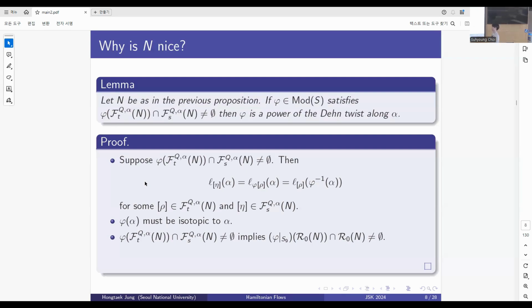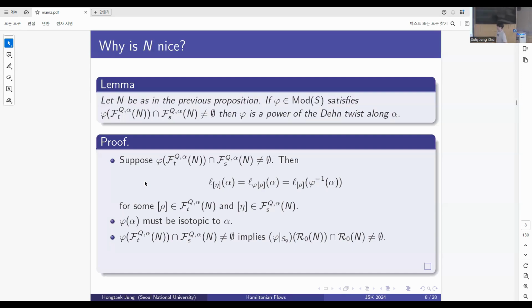And then you observe that this condition implies that phi preserves alpha. You can isotope phi so that it preserves alpha setwise. And then it acts on the subsurface that is obtained by removing alpha from S, that is S naught. So we can restrict phi to S naught, then this condition implies this.